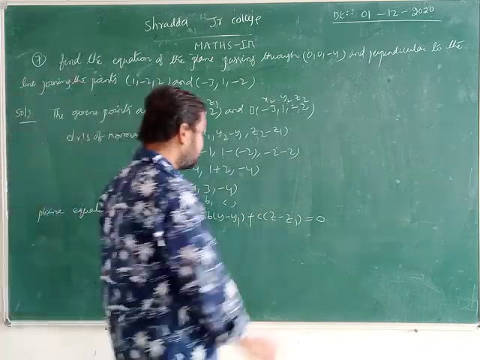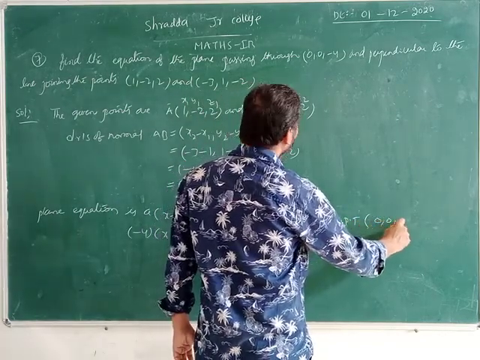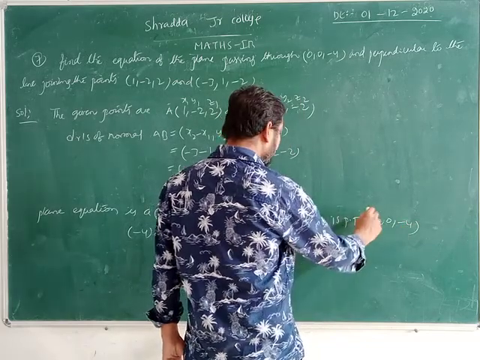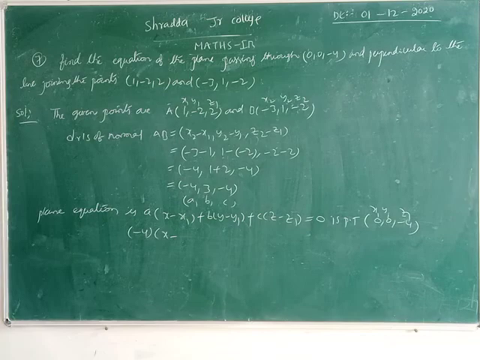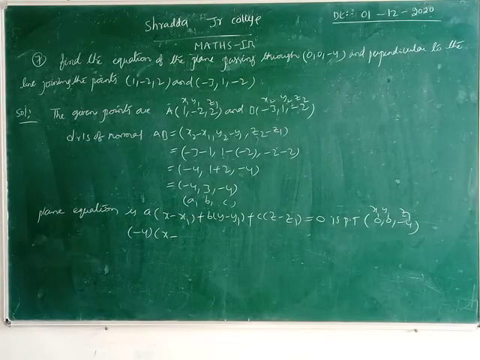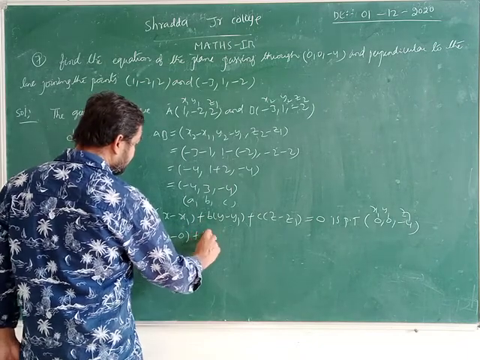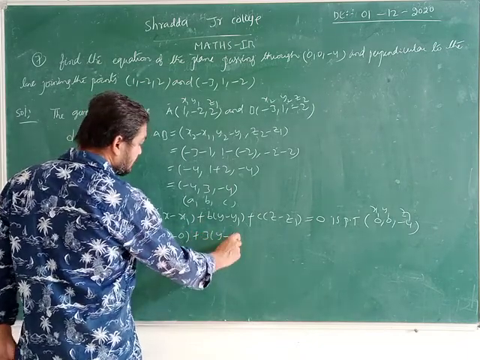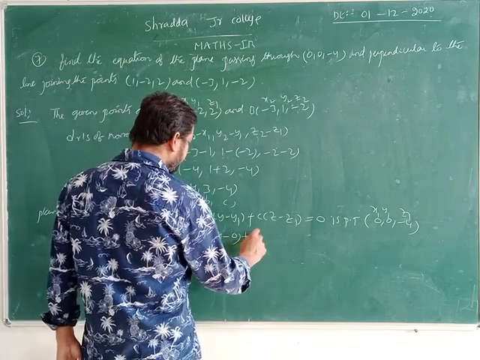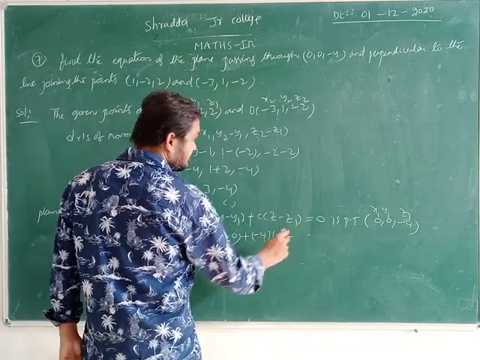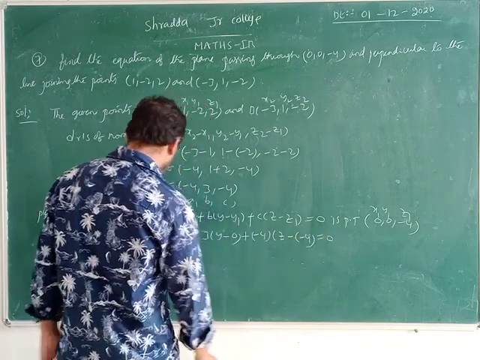The plane equation is passing through which point? That is 0, 0, minus 4. Now these are denoted by x1, y1, z1. What is x1? That is 0. Now what is b here? 3 into y minus y1, which is 0, plus what is c here? Minus 4 into z minus z1, which is minus 4. This equals 0.